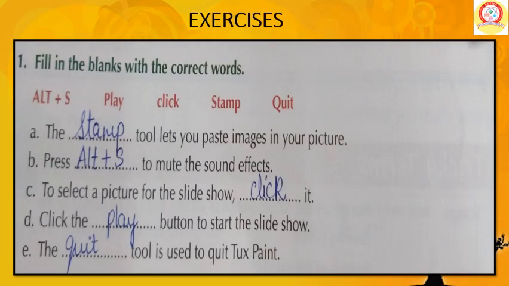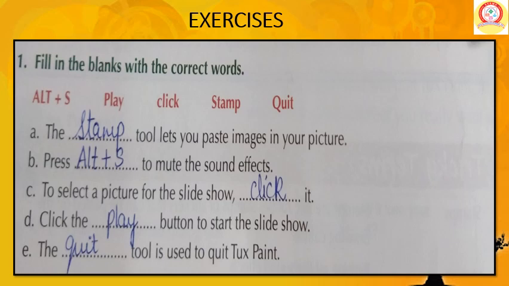Now, children, open your textbook, page number 48, question number 1, fill in the blanks with the correct words. A. The dash tool lets you paste images in your picture. So, stamp tool, okay? B. Press dash to mute the sound effect. Press Alt plus S, okay? C. To select a picture from the slideshow, dash it.